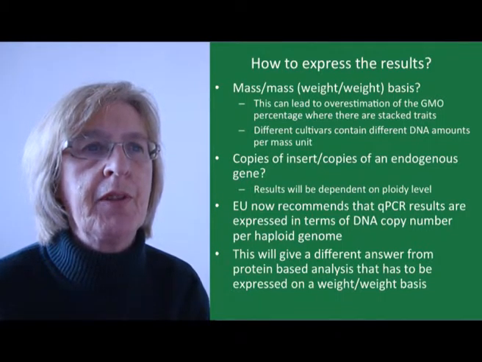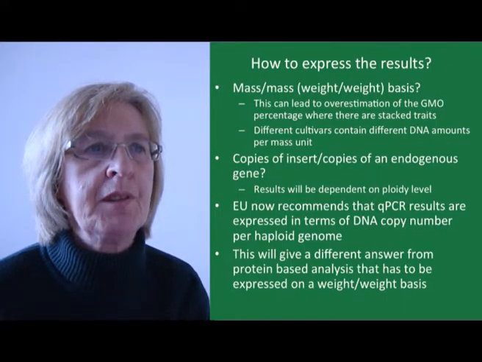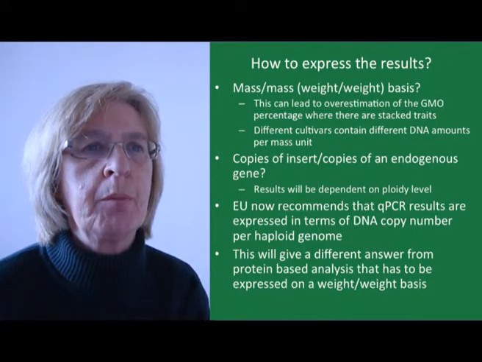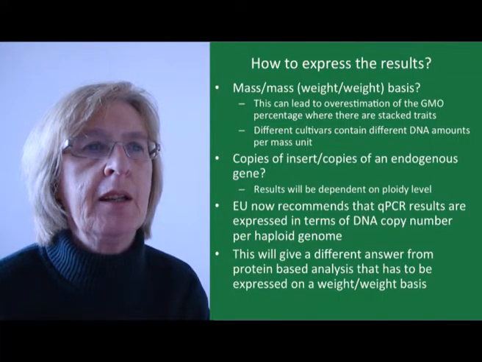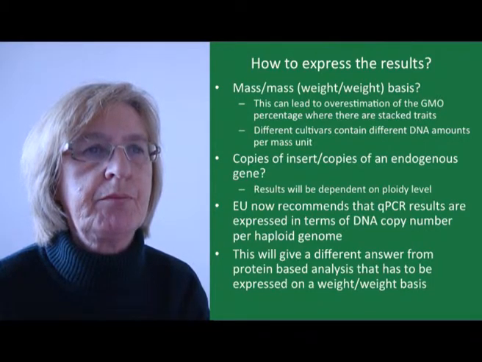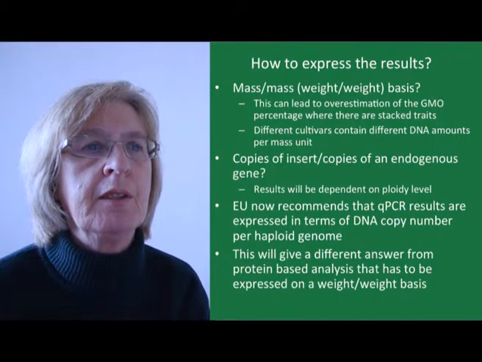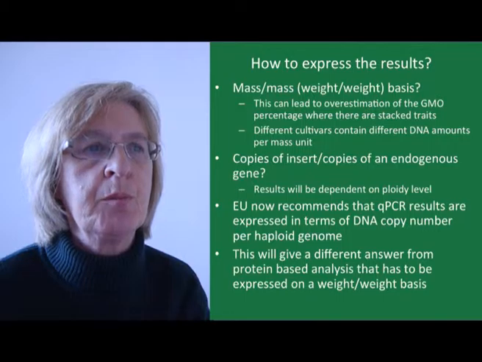An alternative method that has been considered is to express the results as number of copies of the insert as a percentage of the number of copies of an endogenous reference gene. But here, the problem is that the results will be dependent on the ploidy level of the plant. The European Union now recommends that quantitative PCR results are expressed in terms of DNA copy number per haploid genome.